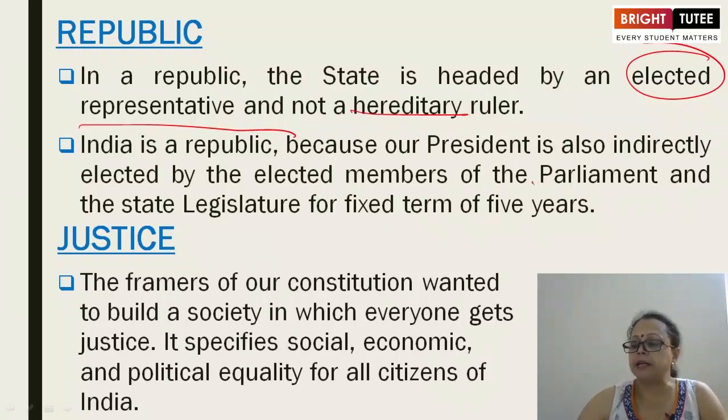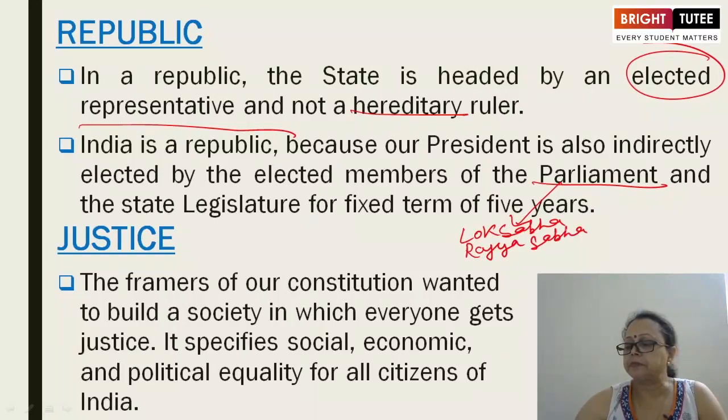Members of the parliament here means both the Lok Sabha and the Rajya Sabha. They are known as the MPs.